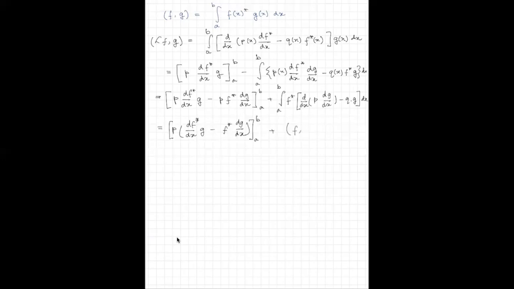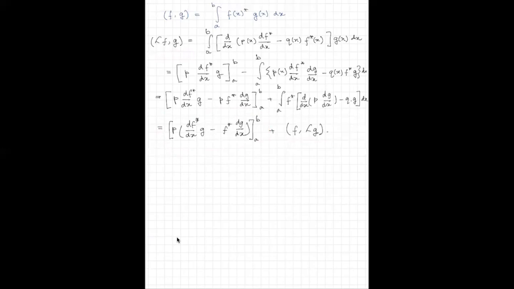This is f into L of g, right? So we have just rearranged things, and you can go through with the algebra and you'll see that this is true. So as long as your boundary term goes away, you have this being equal to this, and these are self-adjoint operators.